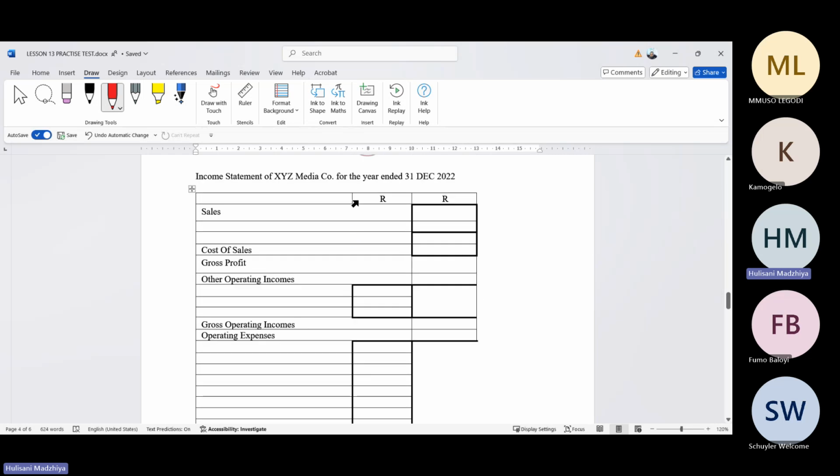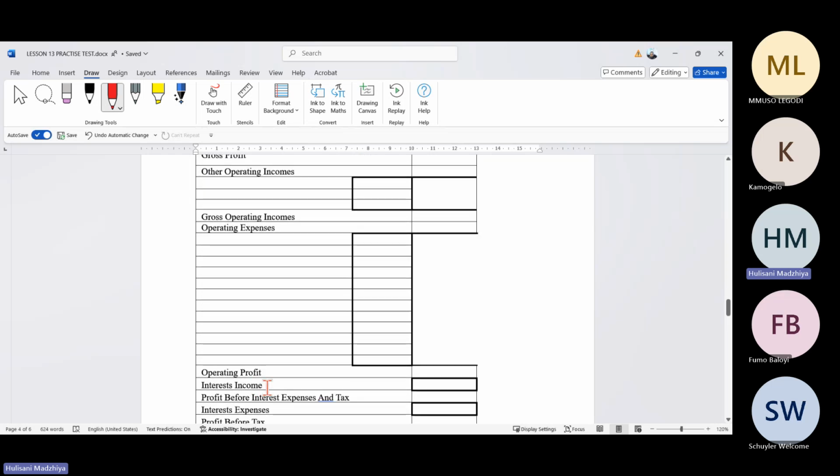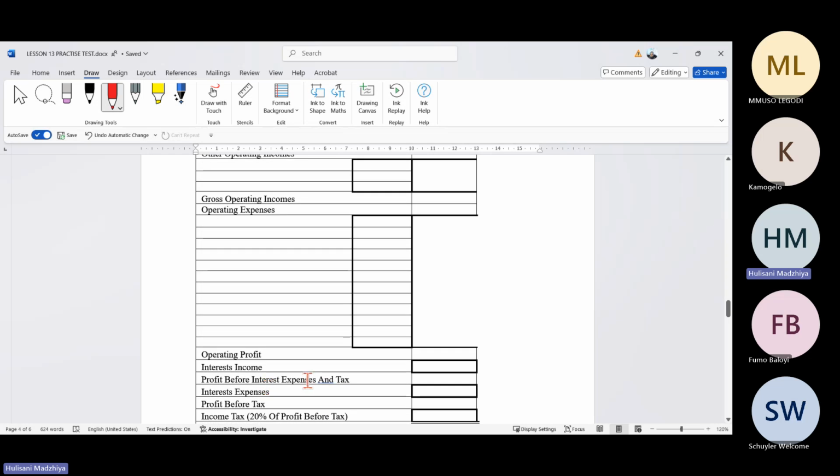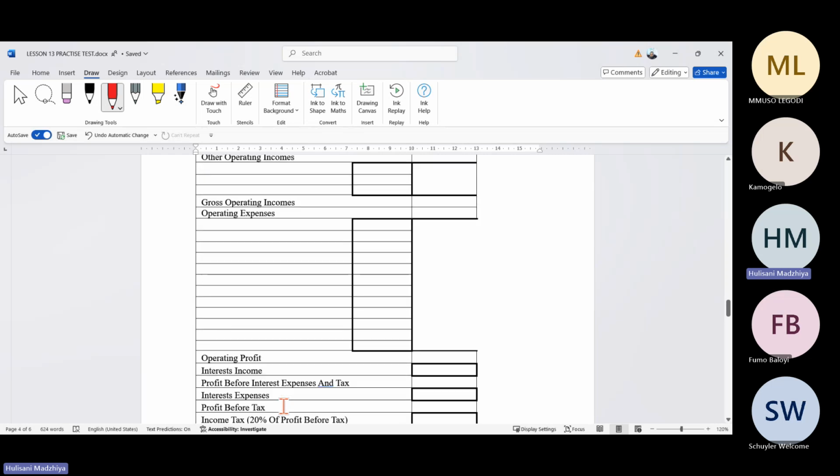On the format of the income statement, you will have your sales, followed by cost of sales, gross profit, operating income, gross operating income, operating expenses, operating profits, interest expense, profit before interest expense, profit before tax, and then taxation, which is 20%, and then net profit.